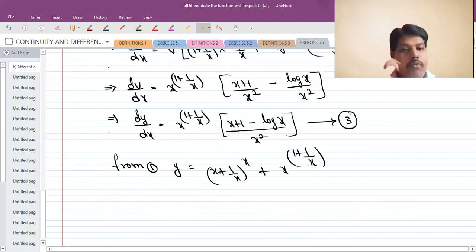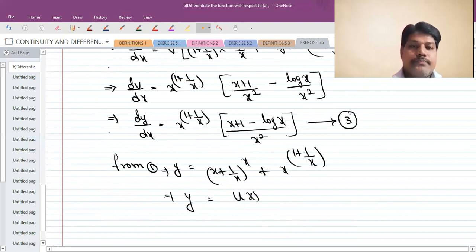So from equation 1 you will get that y value here. So y is equal to, this value is nothing but the u of x. And what is this value, students? We are taking that this is the v of x.